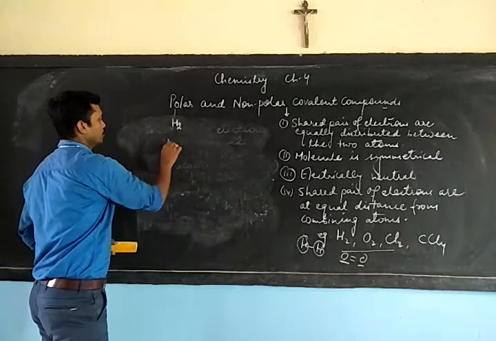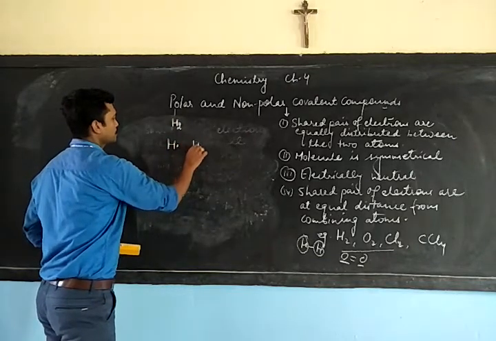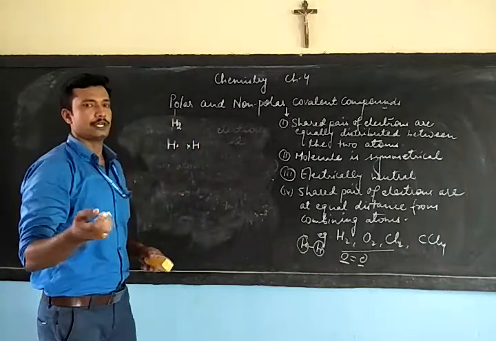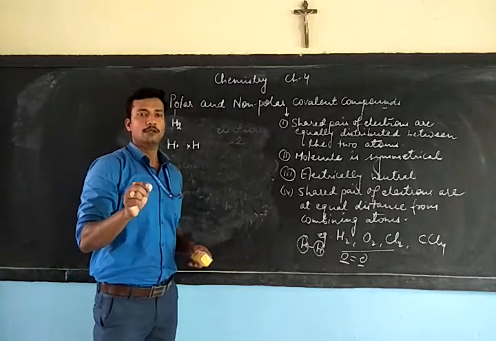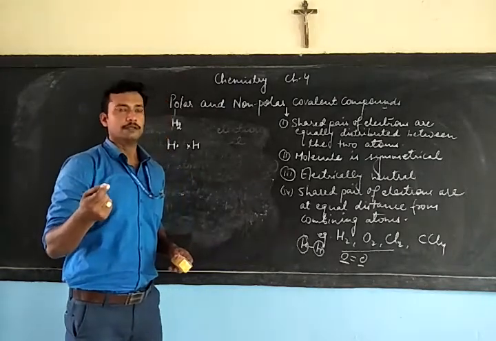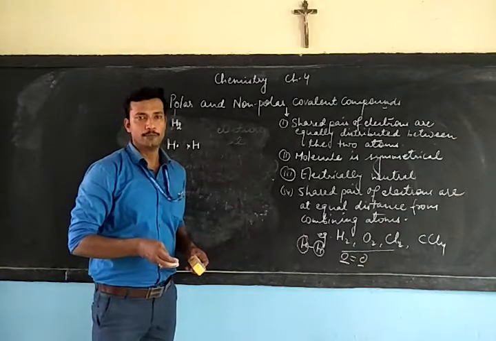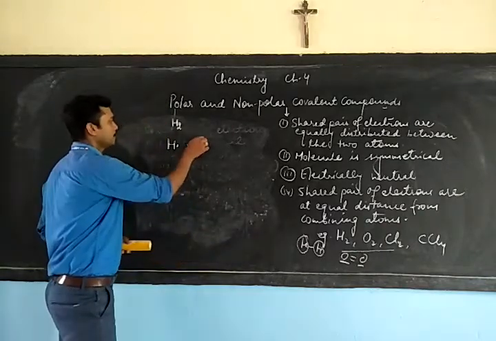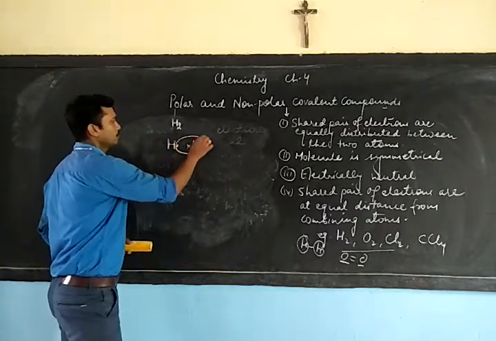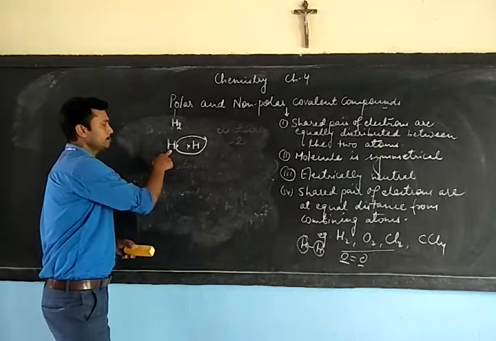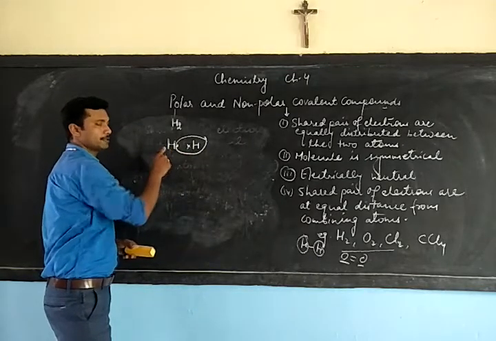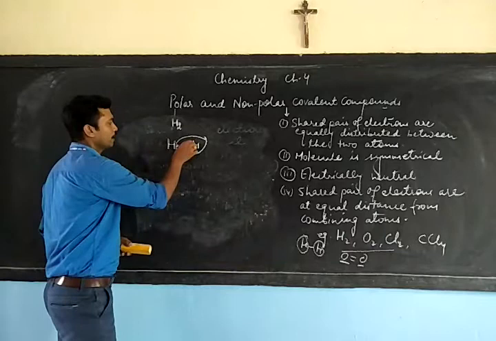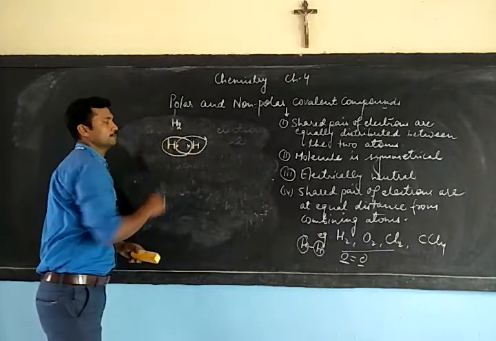In the hydrogen molecule, each hydrogen has one valence electron, and to become stable, it will complete its duplet. That is, hydrogen will take one electron from the other hydrogen atom. Even the other hydrogen atom, to complete its duplet, will take one electron from the first hydrogen atom.